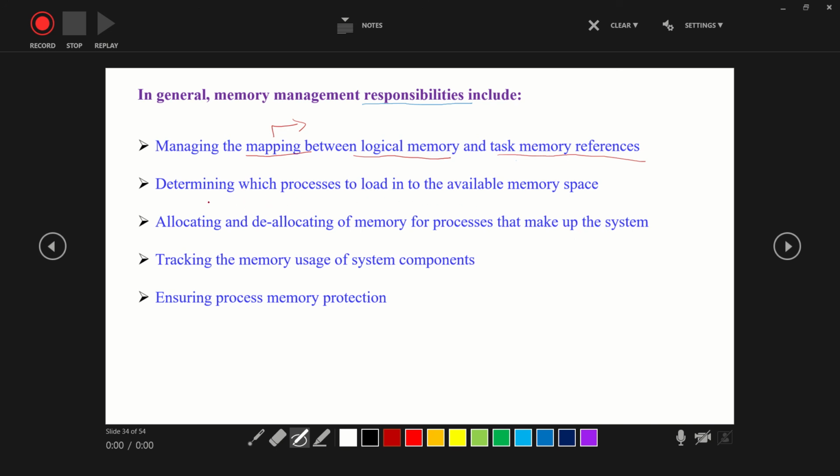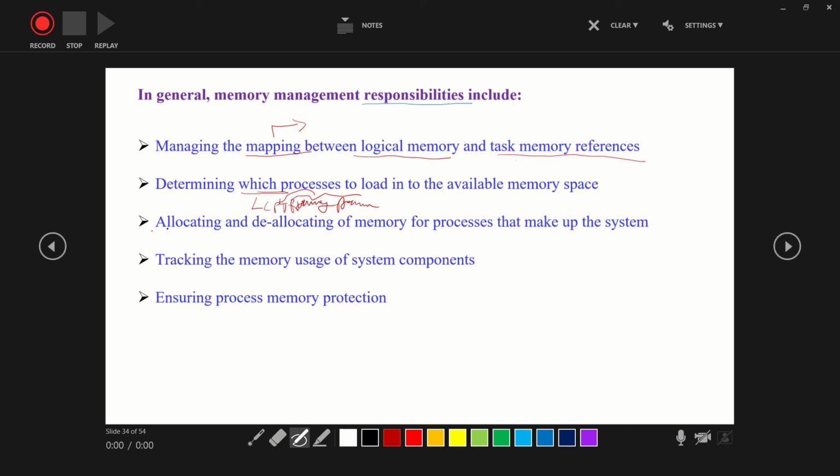So that is determining which process the CPU is running, the running process. We give it the first preference and load it into the available memory space.